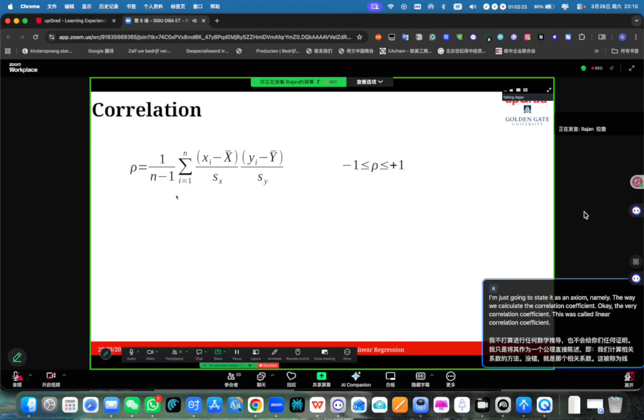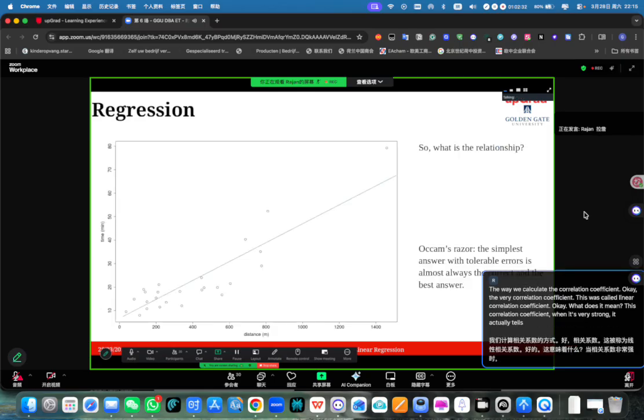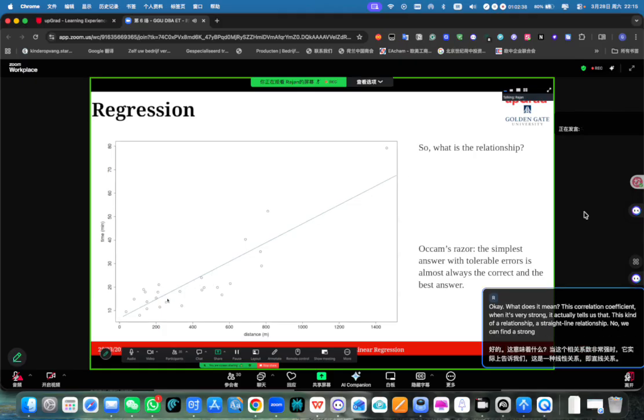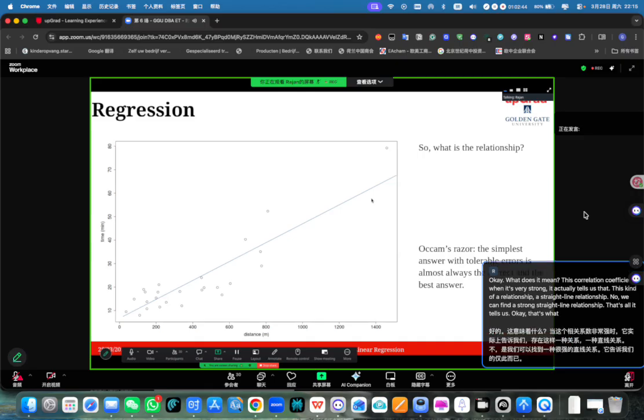When it is very strong, it tells us that we can find a strong straight line relationship. That's what the correlation coefficient tells us.